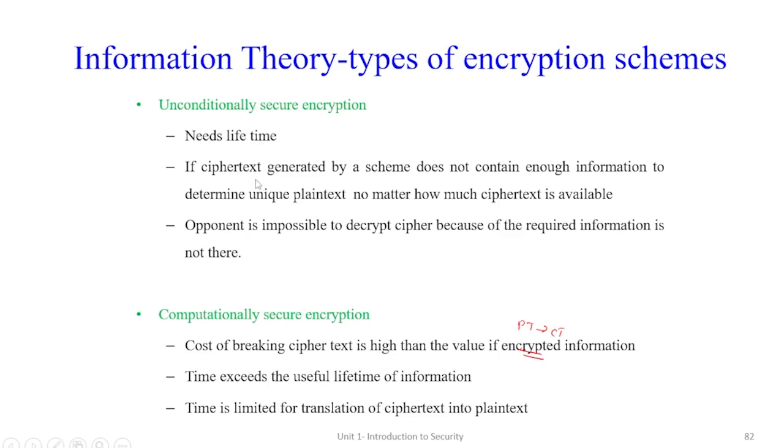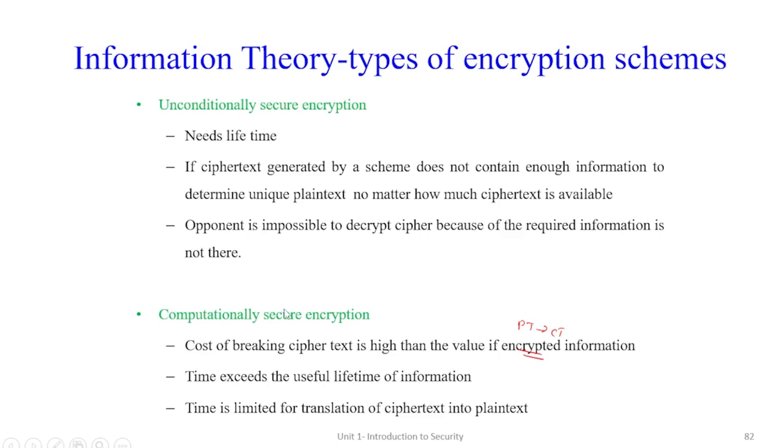If an attacker tries to retrieve the plaintext or key, the stolen ciphertext does not contain enough information to determine the unique plaintext, so it is impossible for an opponent to decrypt the ciphertext because of the lacking information about the plaintext or key.